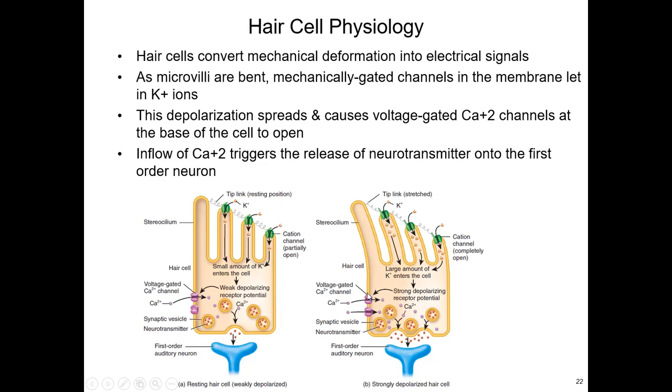This high potassium concentration inside the cell will open voltage-gated calcium channels. These calcium channels now allow calcium ions to rush into the cell. And calcium ions in the hair cells will allow neurotransmitters to be released.